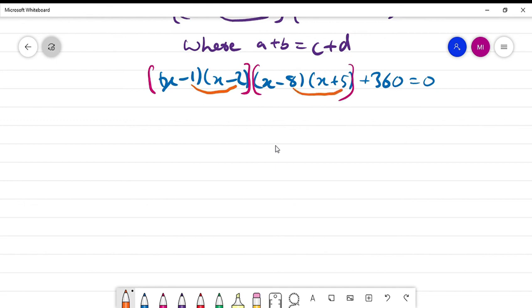So that worked out. And if it was like x minus 1 into x minus 8 into x minus 2 into x plus 5, we still could have just rearranged it. You can't just leave it there and go like, no. Just for your information. But anyway.